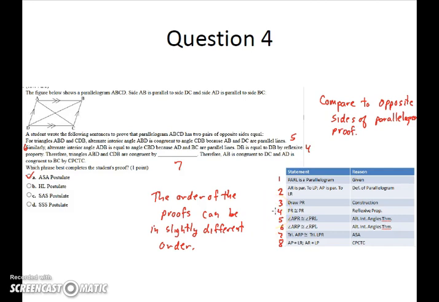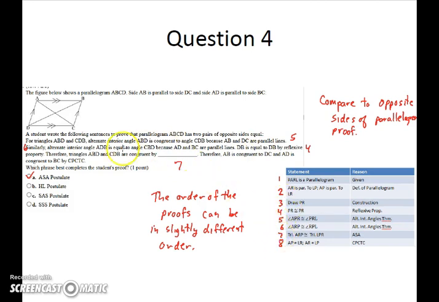What I'm doing here is comparing the paragraph proof to the statements in the proof in the Brain Honey lesson.